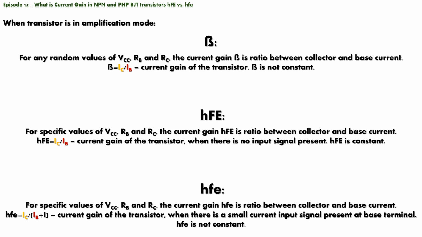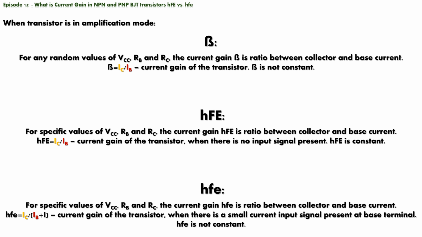Beta is current gain for any random values of RB, RC and VCC with no input signal present, when transistor is in amplification mode. Beta is not constant. hFE with capital FE is current gain of transistor for specific combination of RB, RC and VCC parameters, with no input signal present, and transistor is in amplification mode. hFE with capital FE is constant.